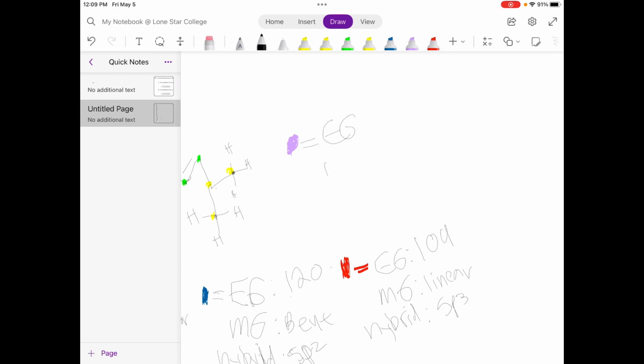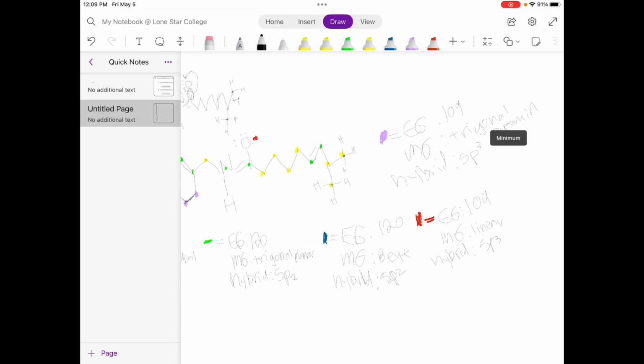Electron geometry, molecular geometry, hybridization. Electron geometry is 109. Molecular geometry is that trigonal pyramid. And the hybridization is SP3, since trigonal pyramid is 4.